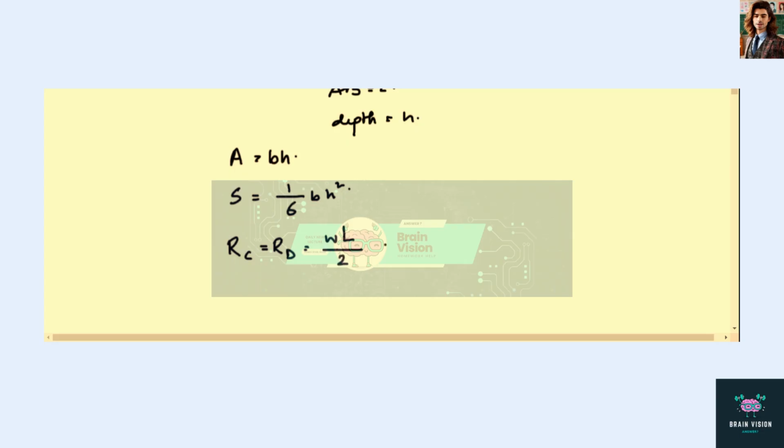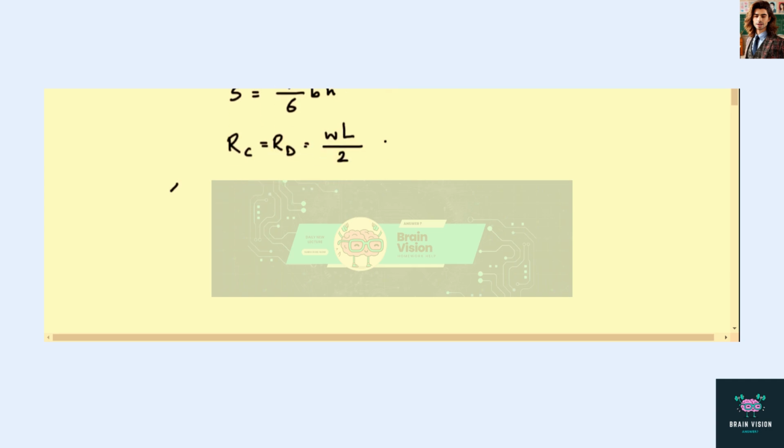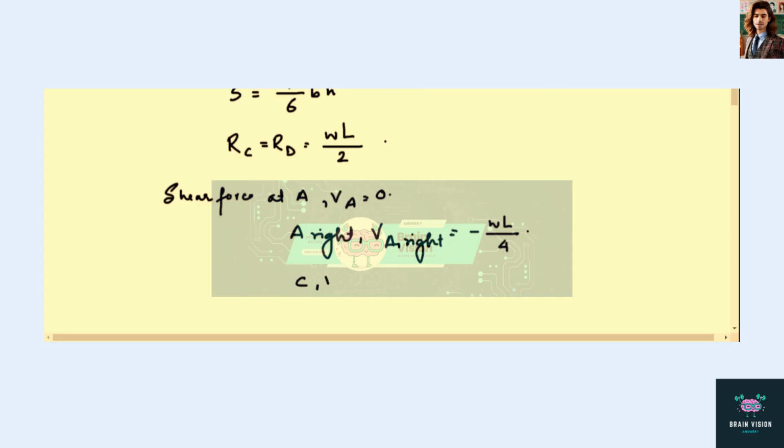Now the shear force at A, that is VA, is 0, and the shear force at A right, that is VA right, is minus WL upon 4, and the shear force at C, VC, is WL upon 2 minus WL upon 4.